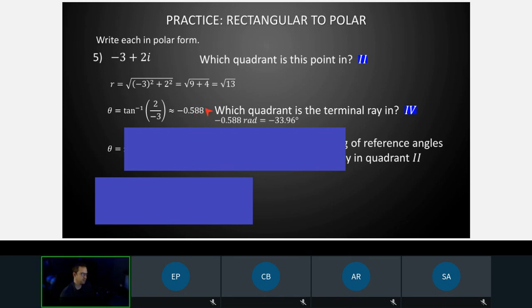The easiest way to do this problem is probably to convert it into degrees, which you do by multiplying this number by 180 and then dividing by pi. I did that right in front of me and didn't even read it. So negative 0.588 converted into degrees is negative 33.96 degrees, which puts us in quadrant 4, not 3.